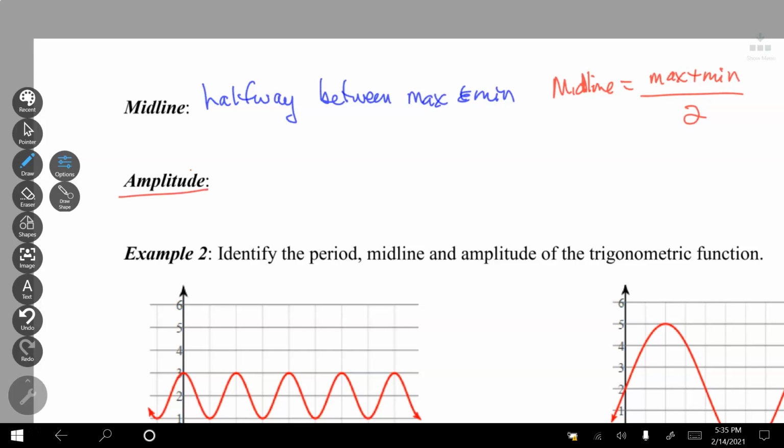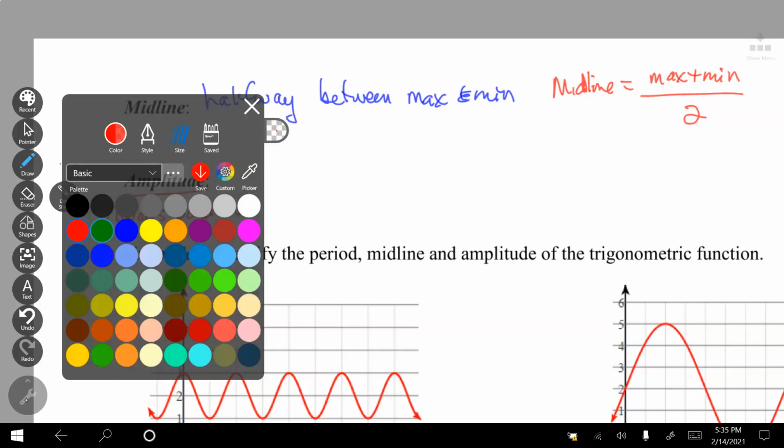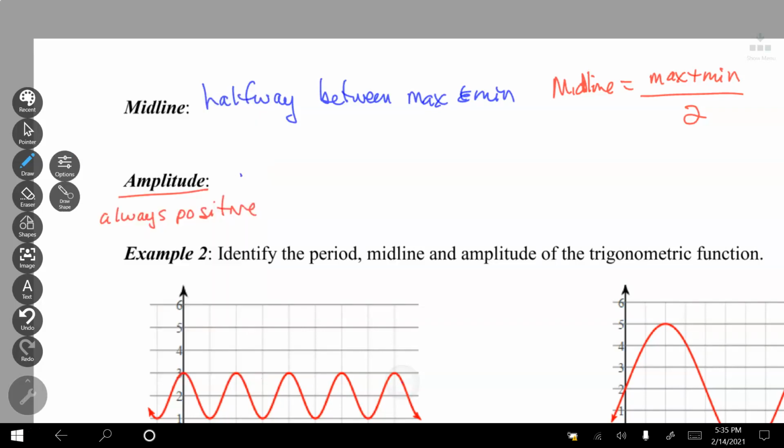And amplitude is something that is always positive, and is the distance, and distance is always positive, from the midline to the maximum or the minimum, it doesn't matter, distance is distance.